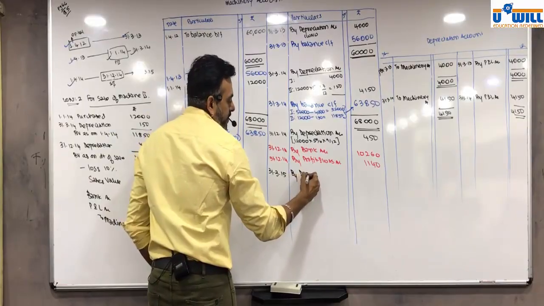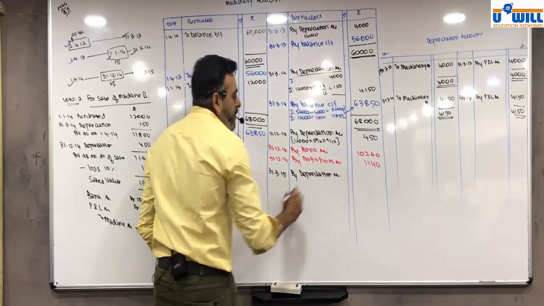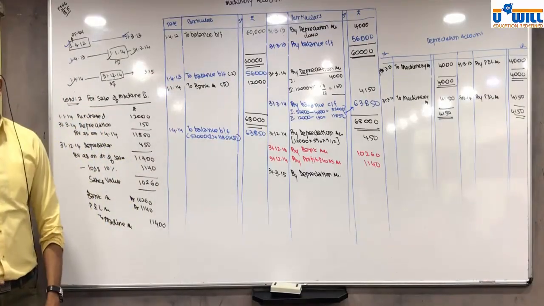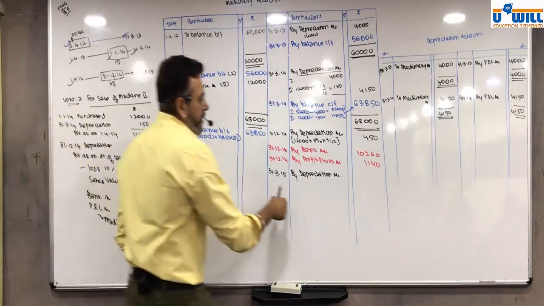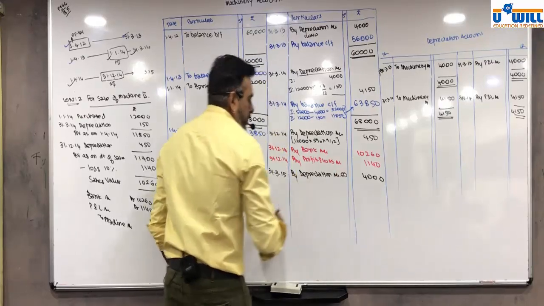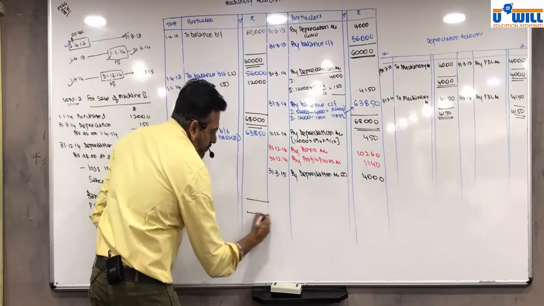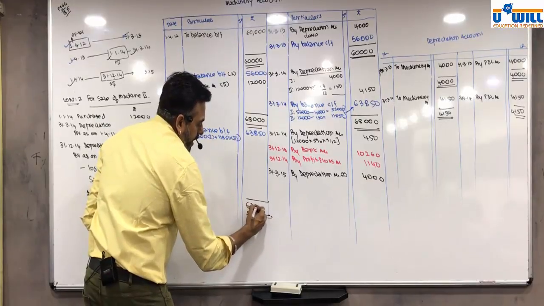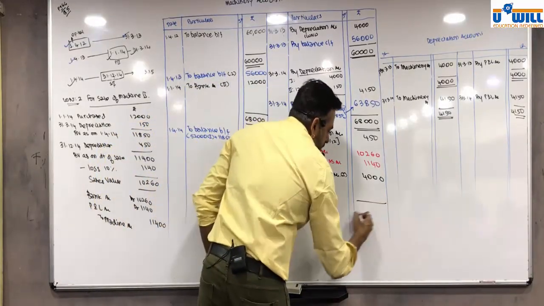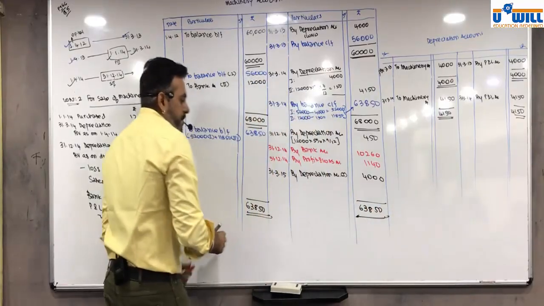So by depreciation, on which machine do I provide depreciation? 1 or 2? 1. On machine 1 for the full year, it is 4000. We close this. 63850. 63850. Balance it.